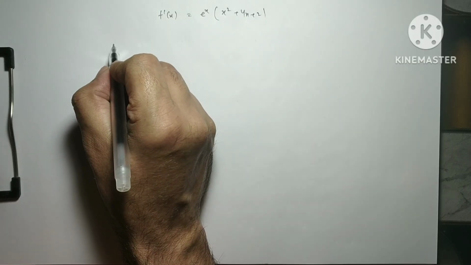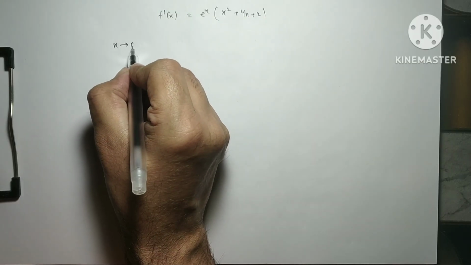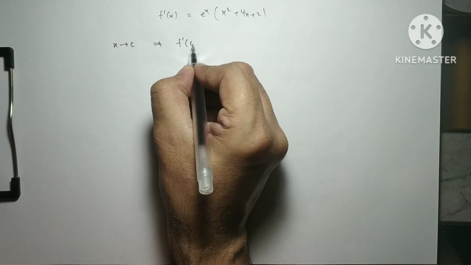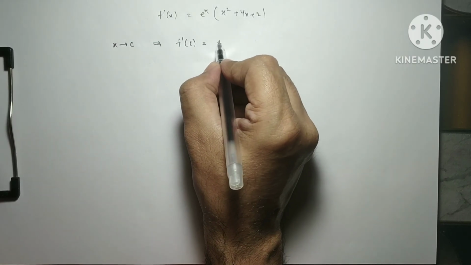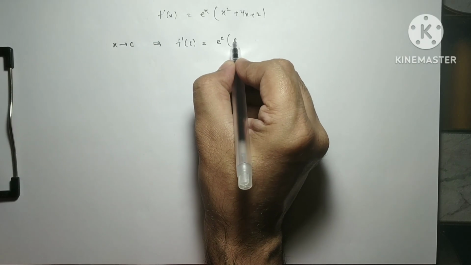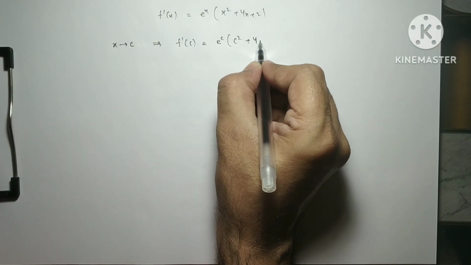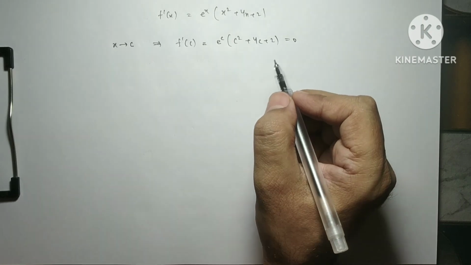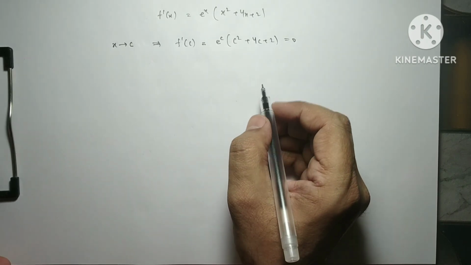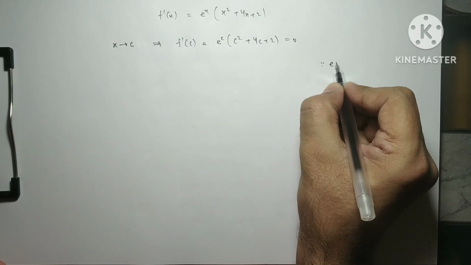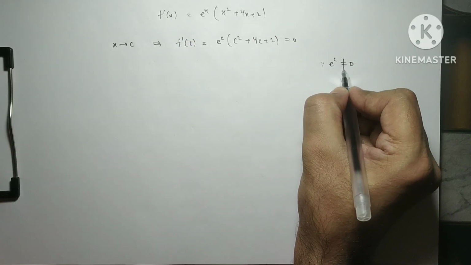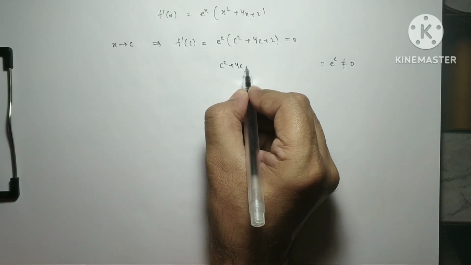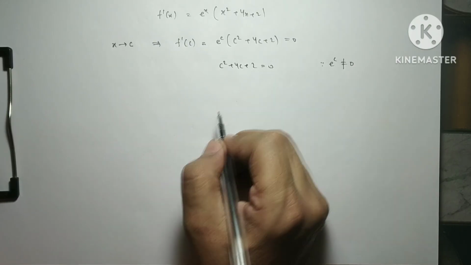On putting x as c, we get f'(c) equals e to the power c (c² + 4c + 2), and this should be 0. e to the power c can't be 0. It means c² + 4c + 2 is 0.